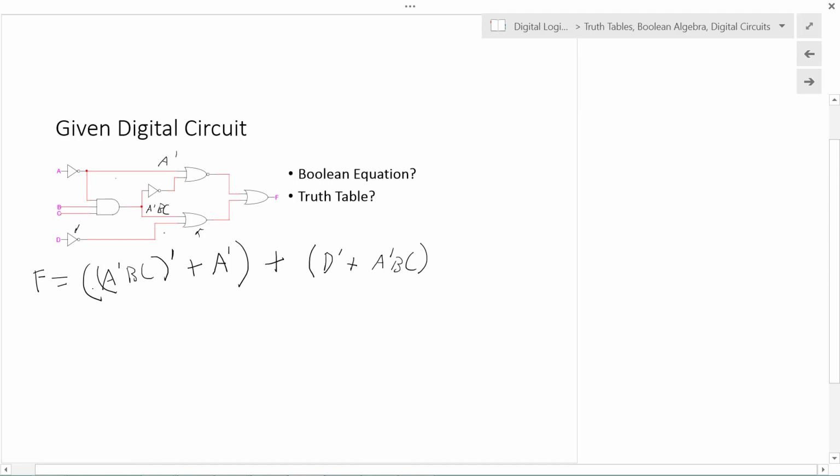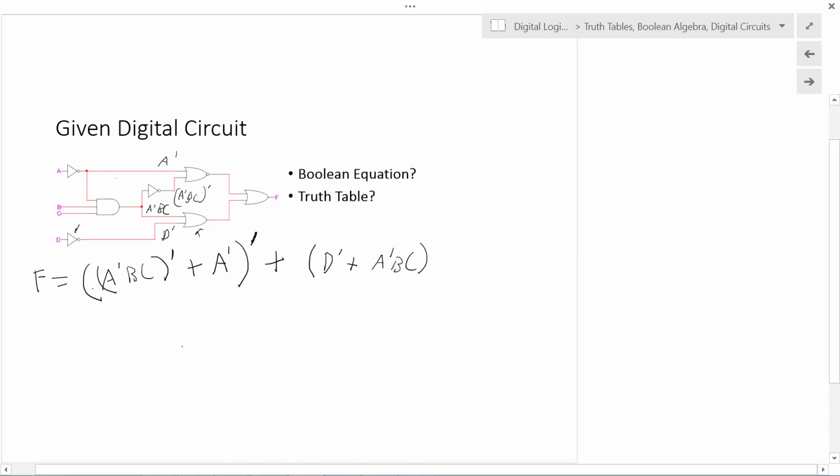A prime here, D prime, A prime, B, C, quantity prime, and then you can get your NOR gate, A prime ORed with A prime, B, C, quantity primed, ORed together as primed, ORed with this value here. Finally, you get F.